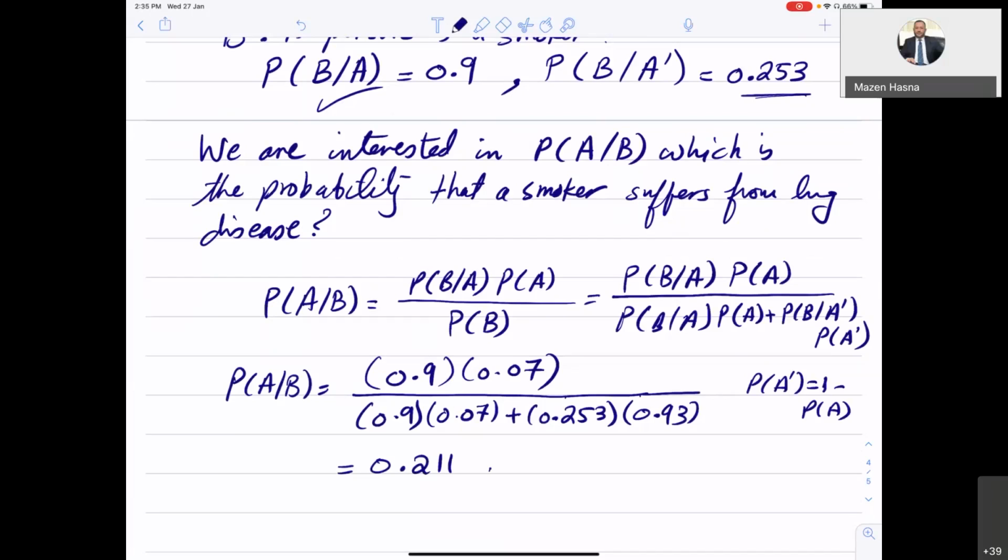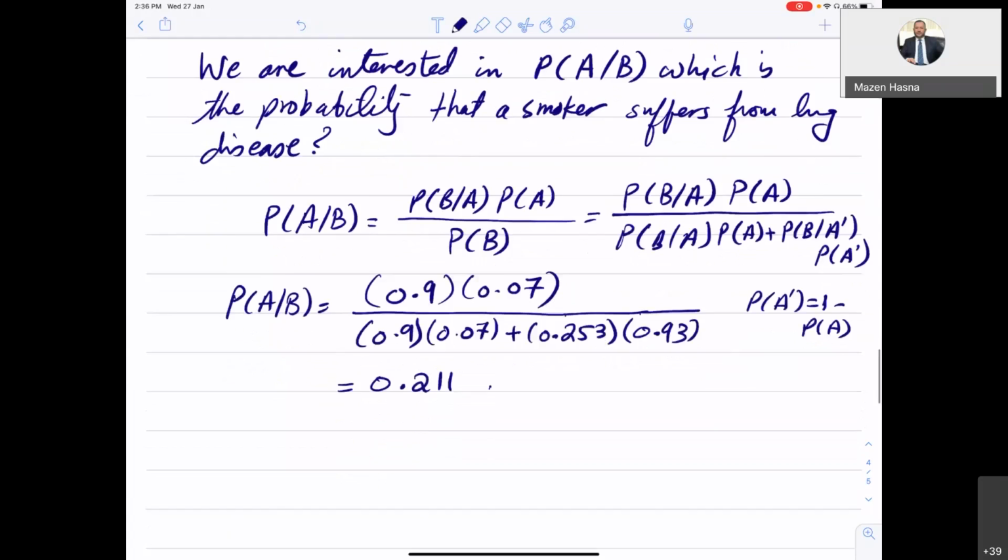This means that if you gather all the smokers in the population of this study in one place and you pick one of them randomly and check if he has a lung disease, the probability is just 21%. Okay? So this is a demonstration of how to use Bayes' theorem.